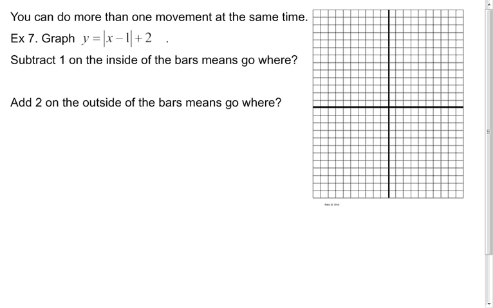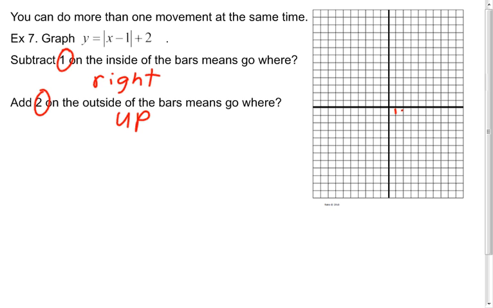Subtracting 1 on the inside means go to the right. Adding 2 on the outside, adding on the outside means go up. It's just stuff that you're going to have to remember there. So I'm going to start at the origin, and I'm going to go to the right 1. I'm going to go up 2.